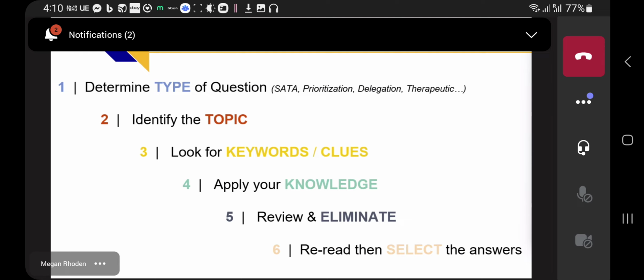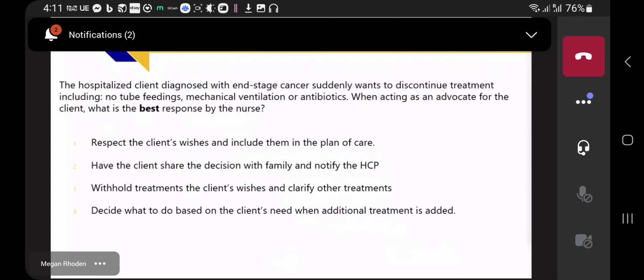What do you know about this diagnosis or this disease process? Step 5, you're going to begin to look at your answer options and you're going to begin a process of elimination using those strategies if they are applicable. And step 6, you're going to reread the question with the answer you've chosen to make sure that it actually makes sense. Alrighty, everybody. So let's get into our first question of the day.